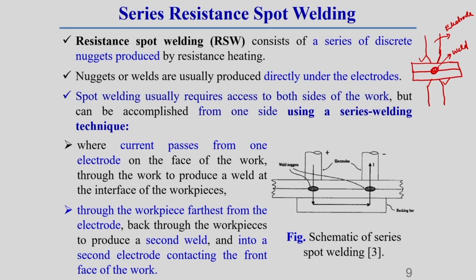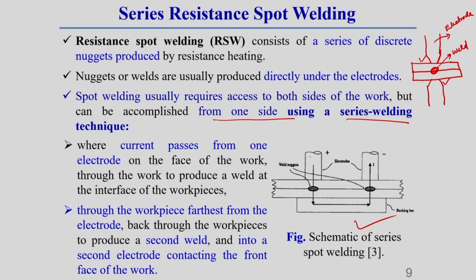To do this, a technique called the series welding resistance spot welding technique is used. That means spot welding usually requires access to both sides of the workpiece, but this can be accomplished from one side also by using the series welding technique, which I am showing here. You see how it is working.